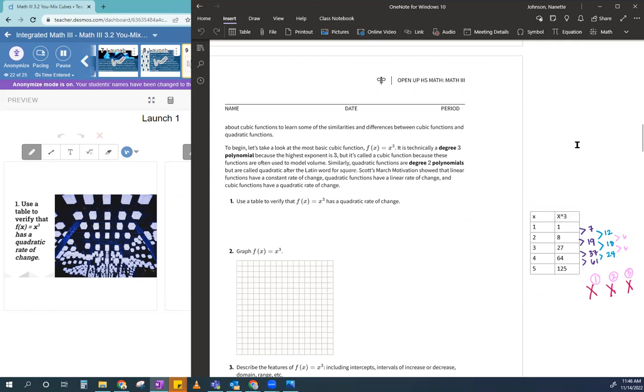Very good. Someone says, hey, Ms. Johnson, because of that third row of differences, I know it's a cubic. In case you don't know, we're talking about this super light pinky purpley color right here. Because these numbers, 6 and 6, are the same, I know it's a cubic.